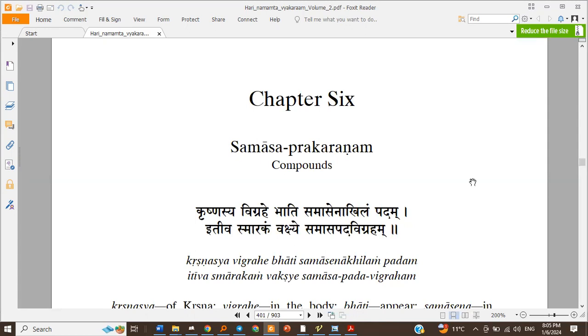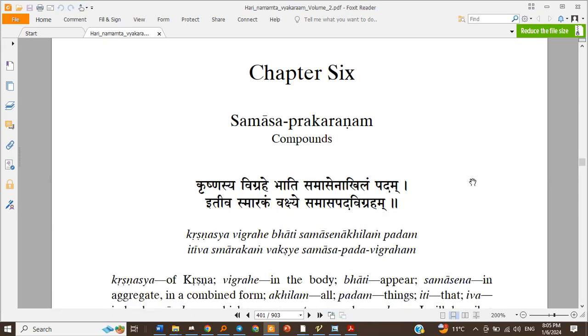So chapter 6 is Samasa Prakaranam, compounds. In every language, we have compounds: in English, Hindi, Sanskrit, Bengali, almost every language. So one is Sandhi and another is compound. Sometimes some students get confused between Sandhi and Samasa because in both places it looks like we are merging two words.